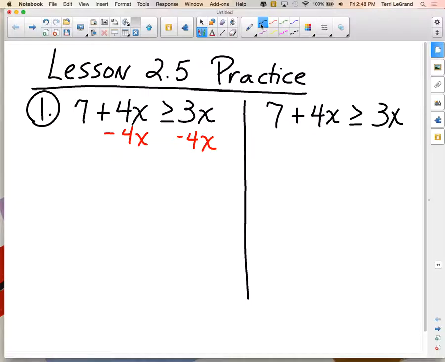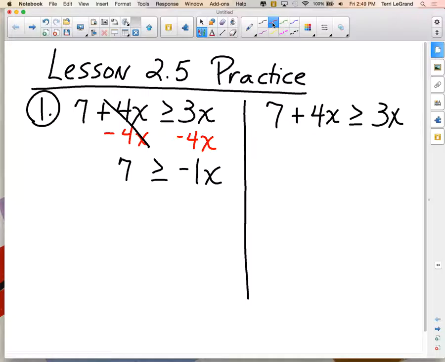And when these take care of each other, what does that really become? Plus 4x minus 4x. It really becomes 0. So we really have 7 plus 0, which is just 7. So we don't write 7 plus 0, do we? 3x take away 4x. Negative 1x.